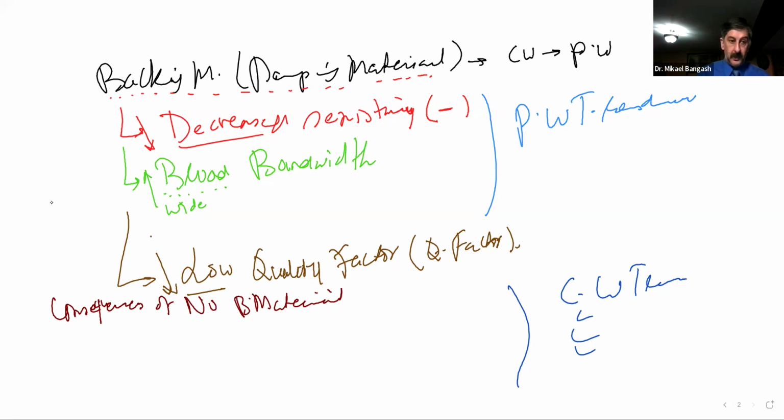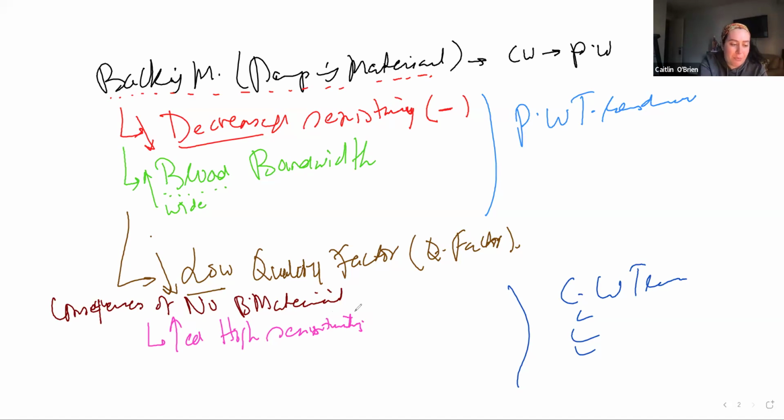So if adding a backing material causes a decreased or low sensitivity, then having no backing material leads to an increased, or a high, sensitivity. Is that clear? Yeah. Good.